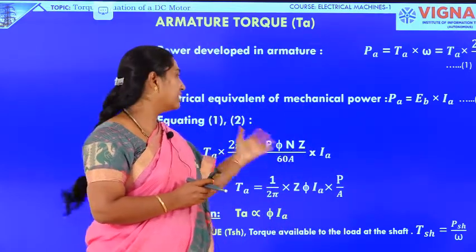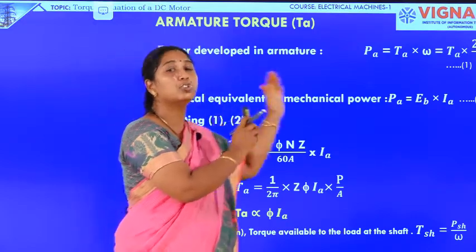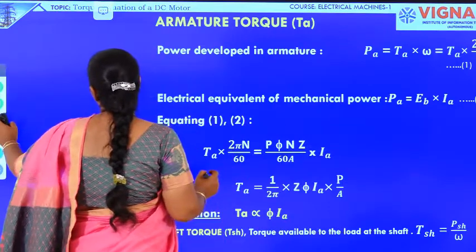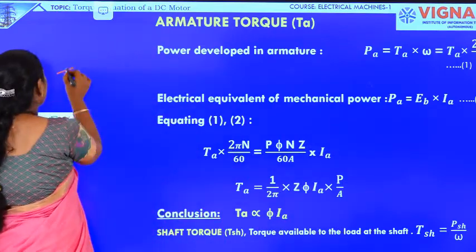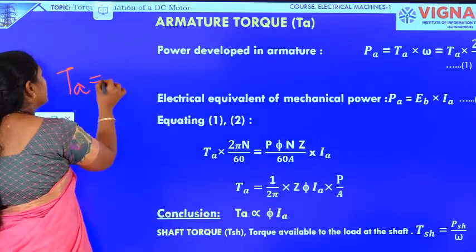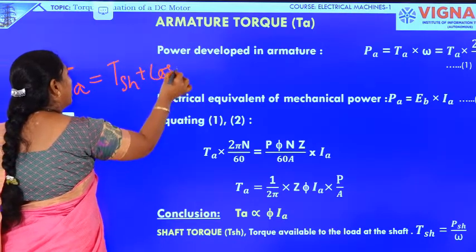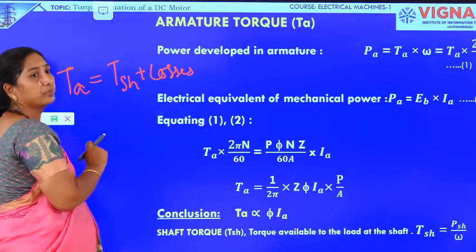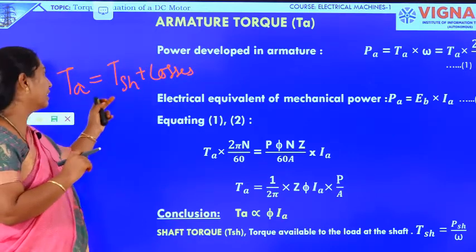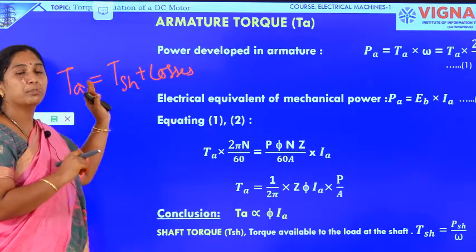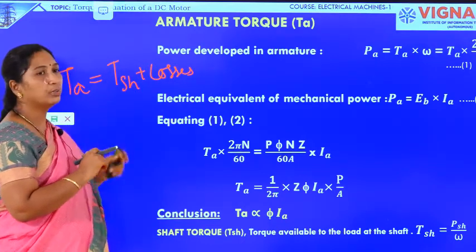All the power that is developed in the armature is not available to the load. All the power that is generated in the armature is not given to the load because there are some losses. That is why only some portion of the armature power is given to the shaft.